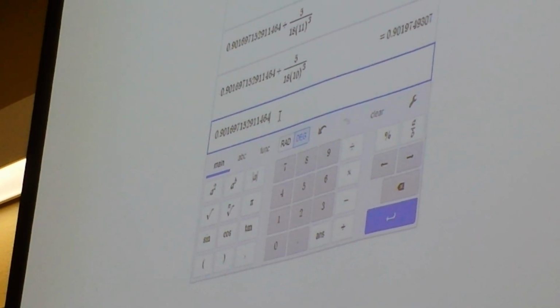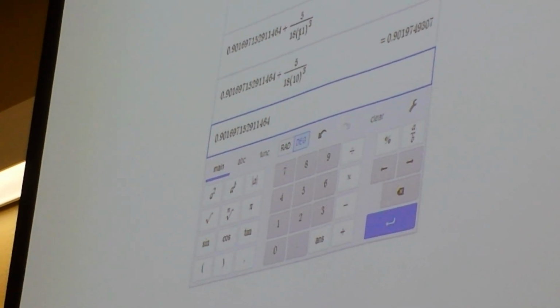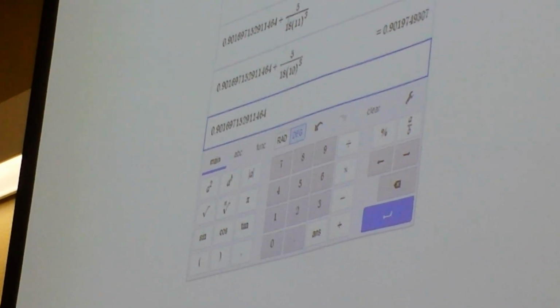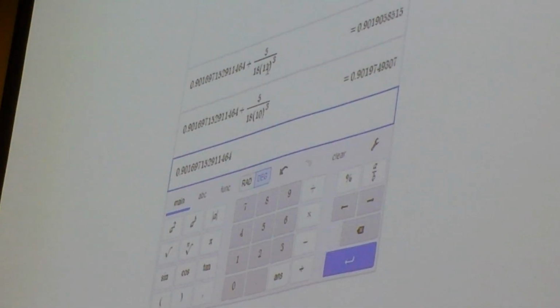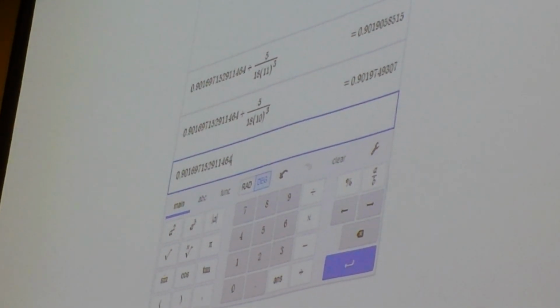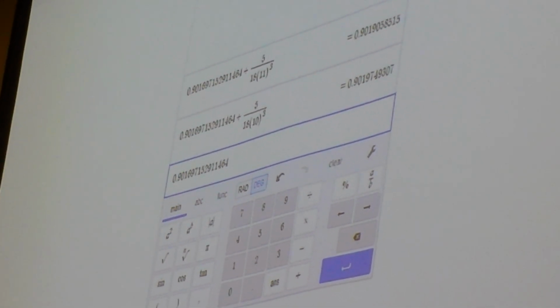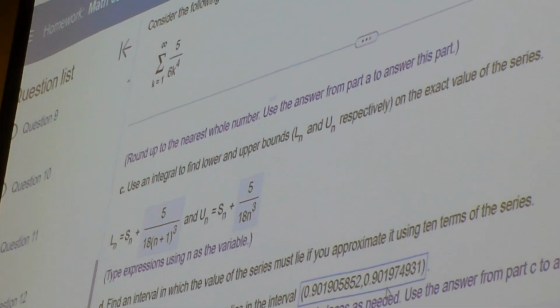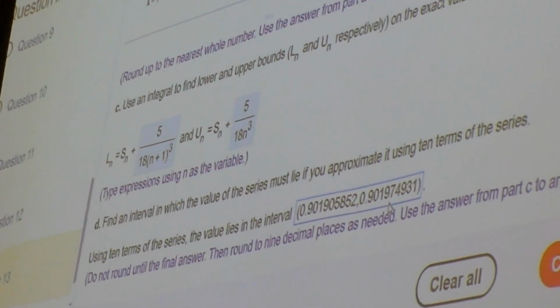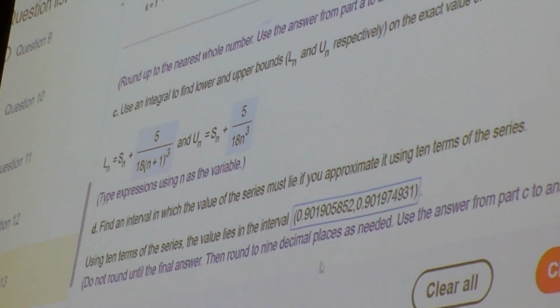That number. Now for the, oh, do I have them backwards? Is that what I did? No, that should be good.